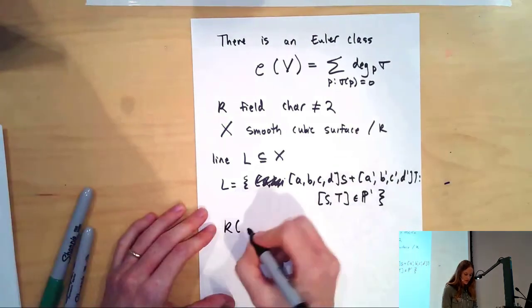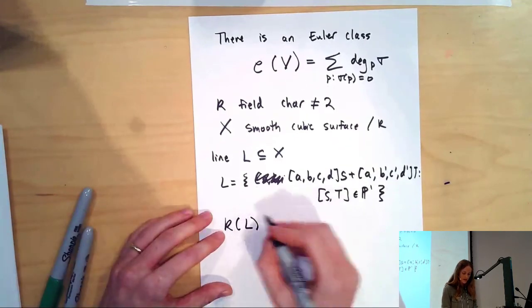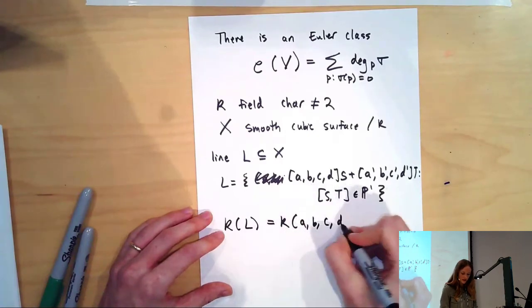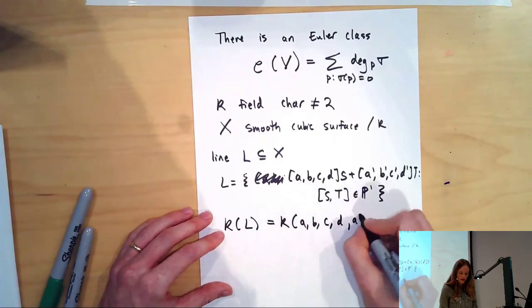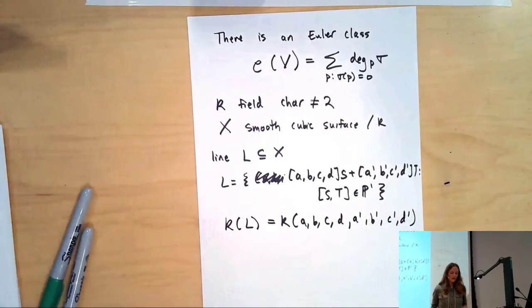So the line will be defined over a field K(L), which is K adjoin these coefficients, or equivalently, if you view a line as the zero locus of two linear equations, you'd get some field of definition.